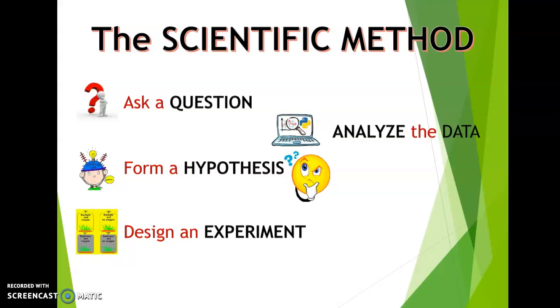What does it mean to analyze? We're going to make sense out of the data. And once we've made sense out of the data, we're going to draw conclusions. So, 5 easy steps to the scientific method, and we can probably apply these 5 easy steps to every problem that we face in science.